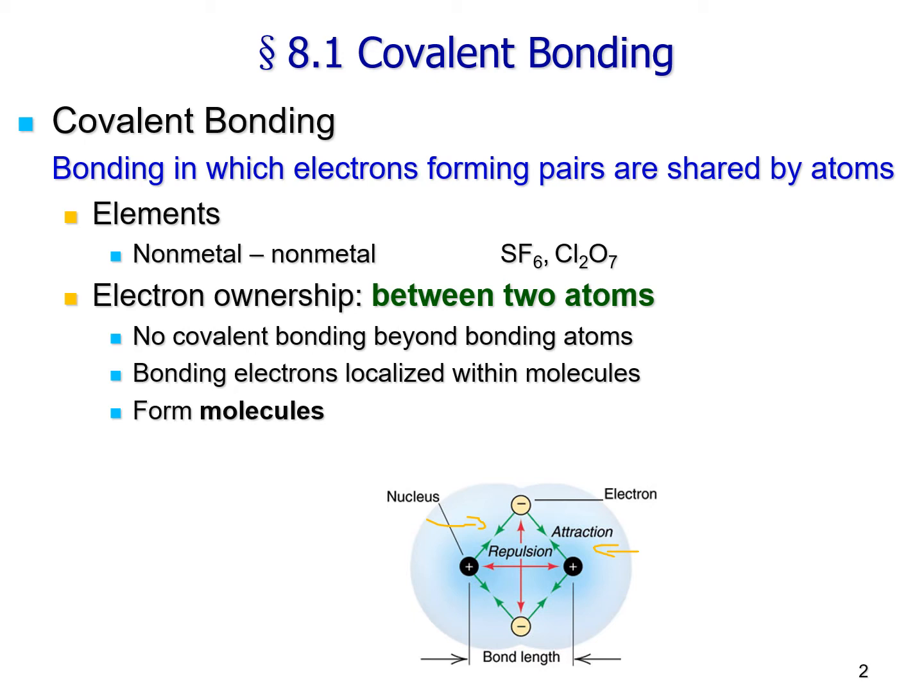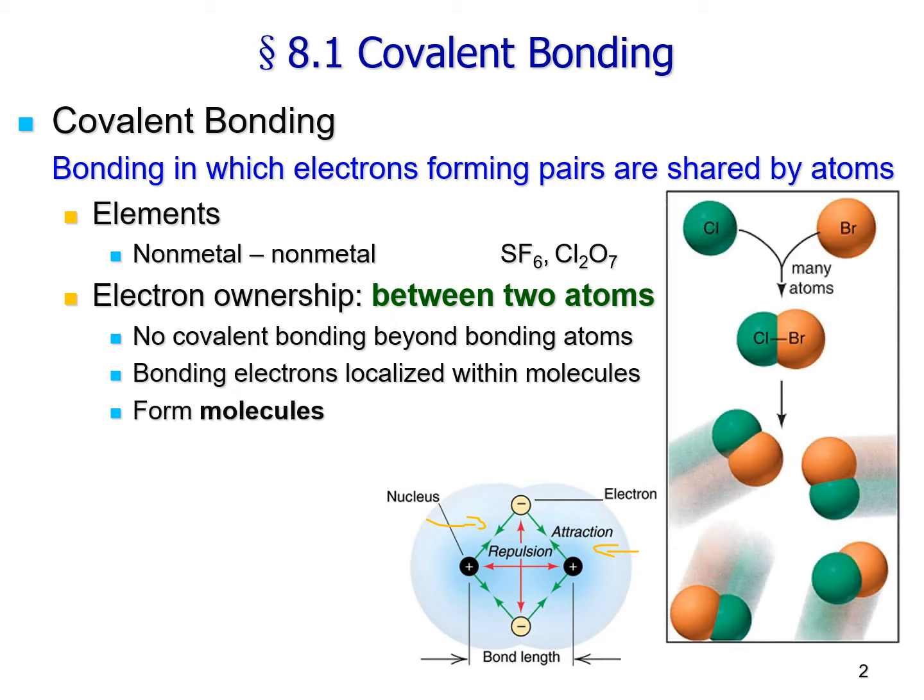Alright, since the bond cannot go beyond the bonding atoms, those bonding atoms form the smallest unit in order to repeat themselves. That is why we get molecules. As we've shown right here, it doesn't have to be 2 hydrogen atoms, it could be 2 nonmetal atoms like chlorine and bromine, and they form a bond as we see right here.